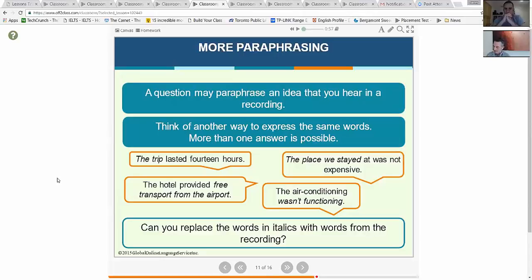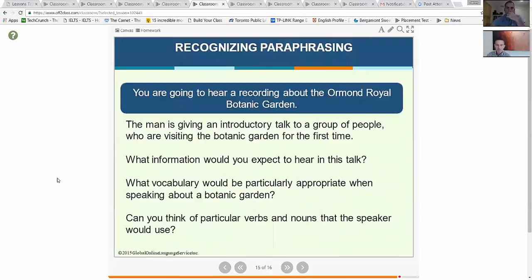Okay, as I move on, I think there was one slide more that I wanted to speak about with paraphrasing. I would introduce here, as IELTS does, there's always at the beginning of the IELTS recording somebody who is going to give a short instruction about you're going to listen to a man or a woman or a speaker who will talk about such and such subject. I ask the students to think about that language, how they could paraphrase it, what kind of words would be appropriate to be heard here, what you may not hear, and then verbs and nouns start getting elastic with the language.